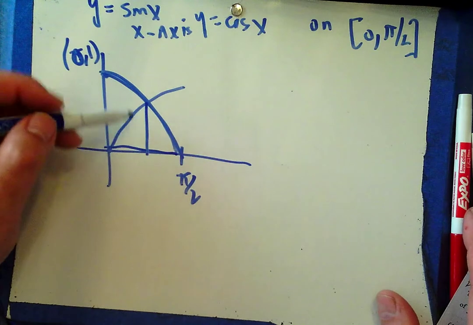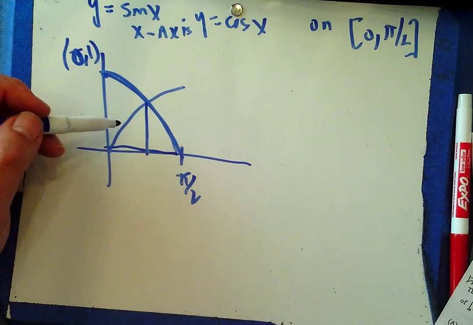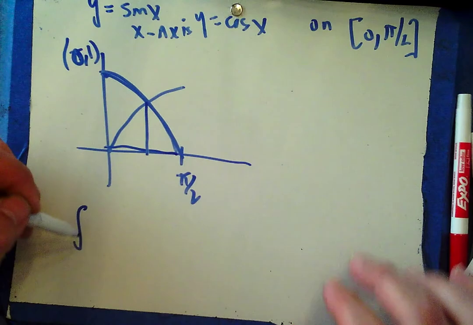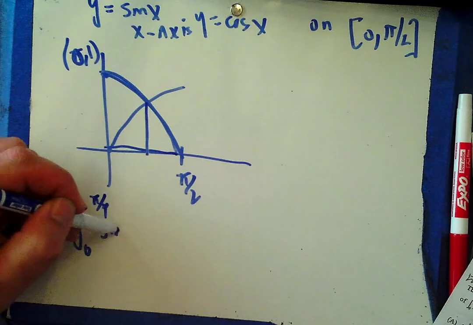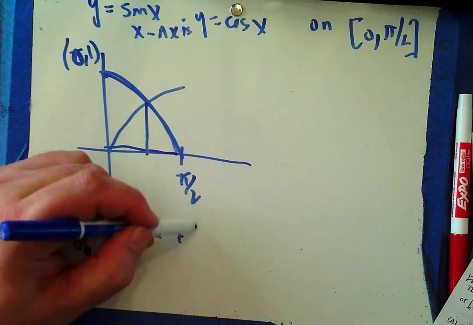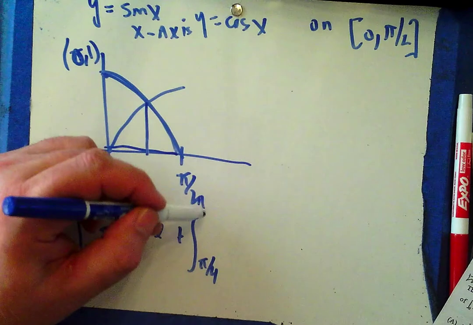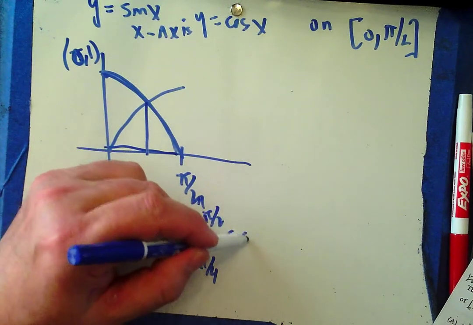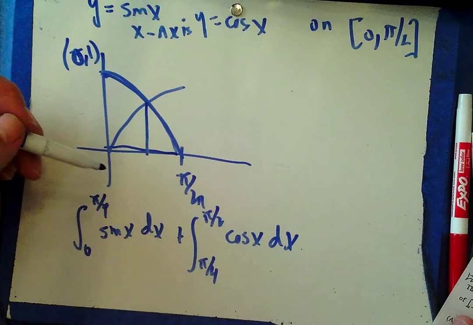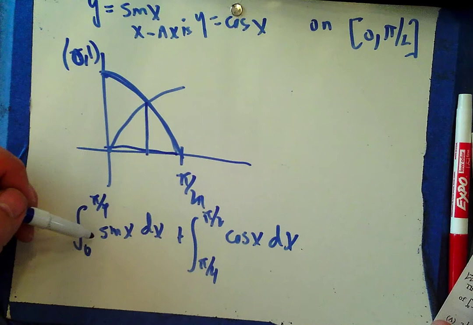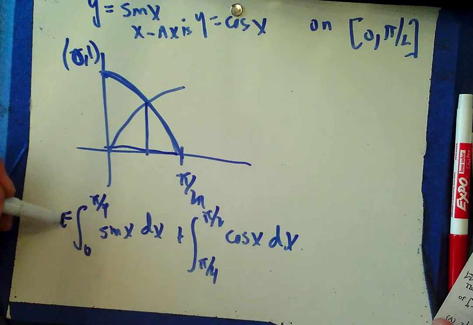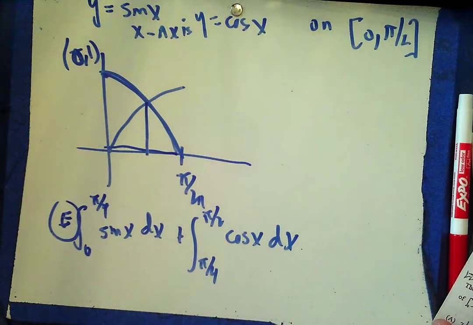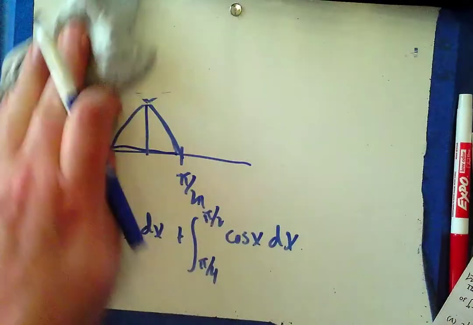Well, I have to split this into two integrals if I'm doing top minus bottom. I want the integral from 0 to pi over 4 of sine x dx plus the integral from pi over 4 to pi over 2 of cosine x dx. That looks like choice E. I think that's choice E. Sorry, I'm very squinty right now. That appears to be choice E for 21.